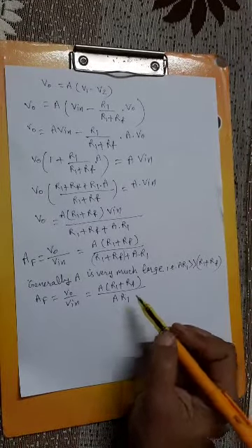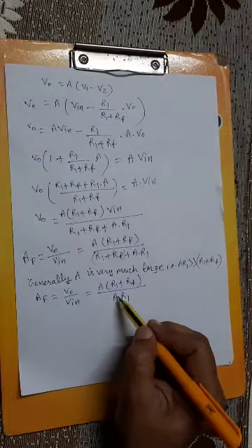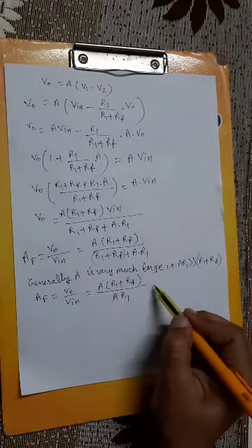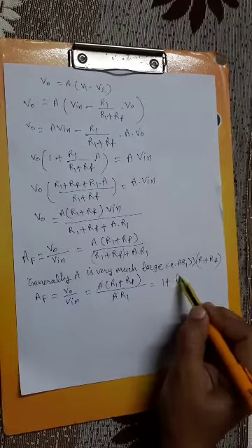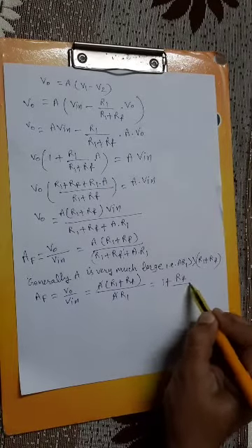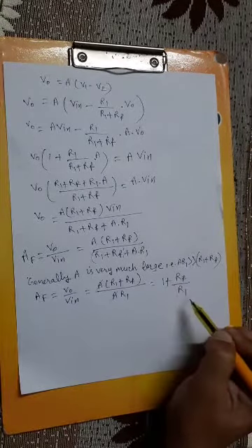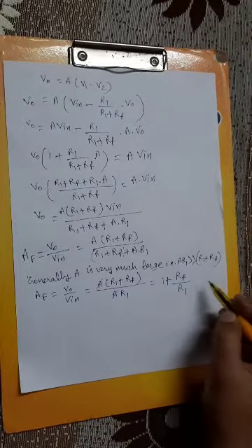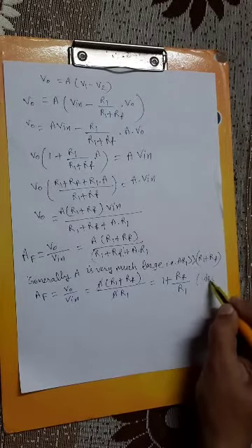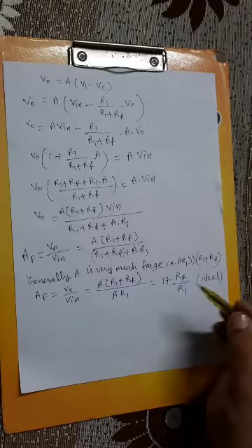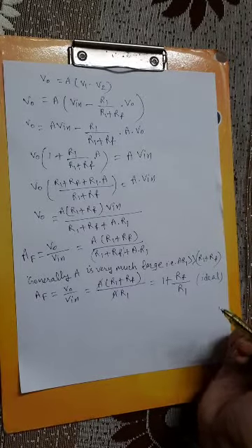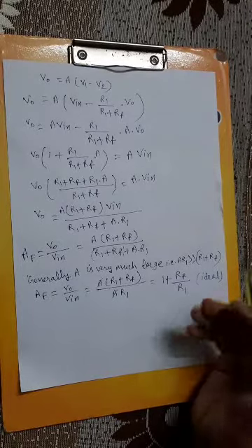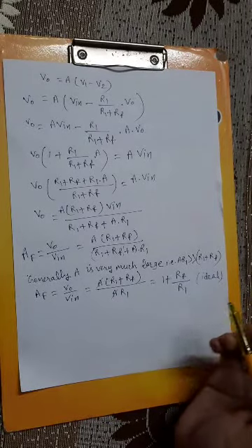You can cancel out this A, so we can write 1 plus Rf by R1 for the ideal case, because here we consider that input resistance is very much high as compared to any resistance connected on the input side.